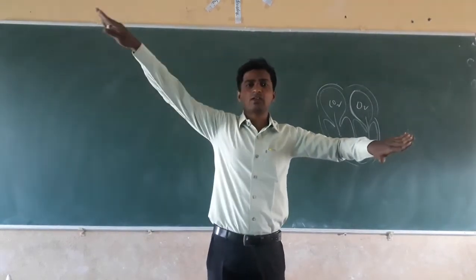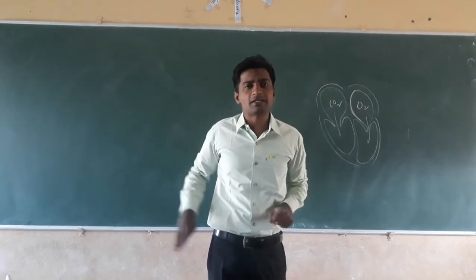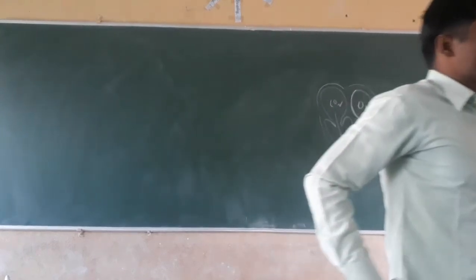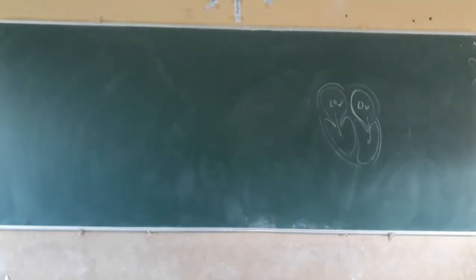The oxygenated blood circulates separately and the deoxygenated blood circulates separately. In the four-chambered heart, the oxygenated and deoxygenated blood never get mixed.